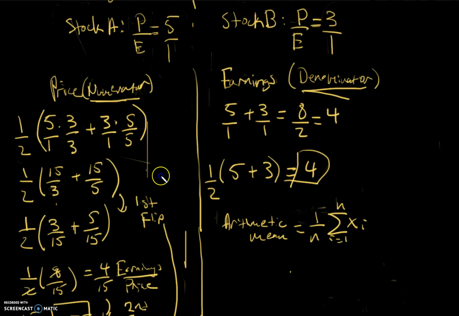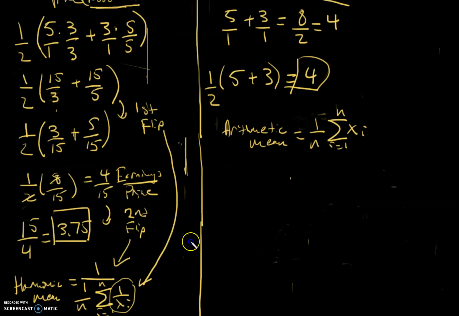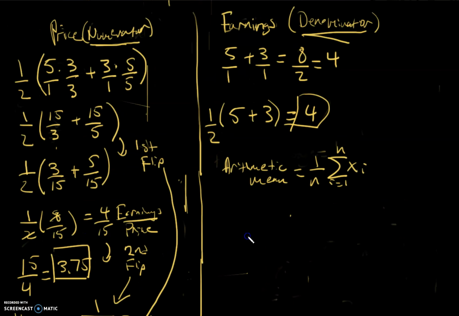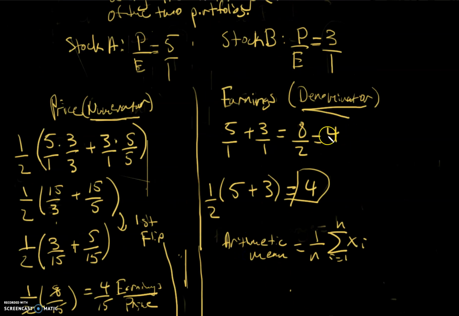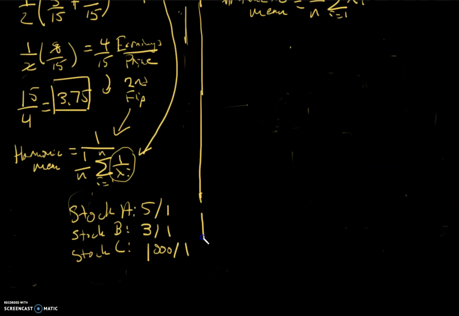If you're trying to equalize the numerator, then you should be using the harmonic mean. This is in the event that you are dealing with ratios. And if you are trying to equalize the denominator, then you should be using the arithmetic mean. But that's also provided that you don't have some significant outliers.